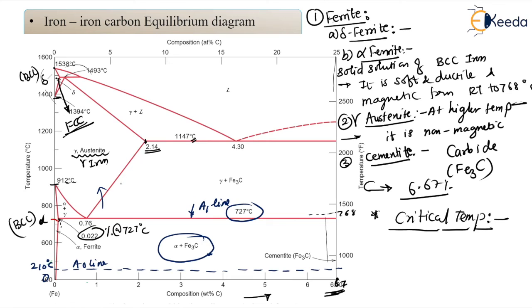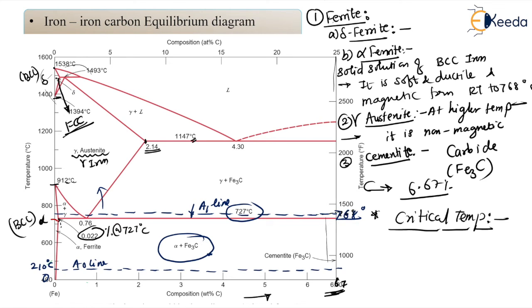Then we have this A2 line. So where is the A2 line? Actually it is at 768 degree centigrade. So I will draw it here. I already showed here this 768. This 768 is what? This is the A2 line.